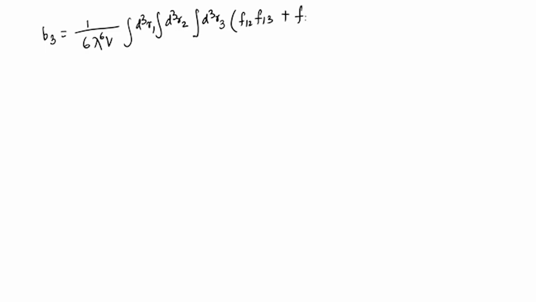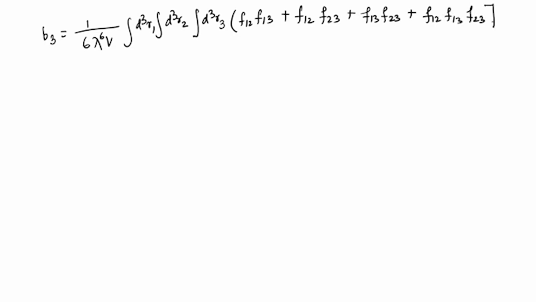Let me show the calculation of B3 explicitly. So, 3 factorial is 6, and then lambda to the power 6 V, and then we have d cube R1, d cube R2, all these coordinate integrals have to be written, d cube R3, and we have these F12, F13 plus F12, F23 plus F13, F23 plus F12, F13, F23.